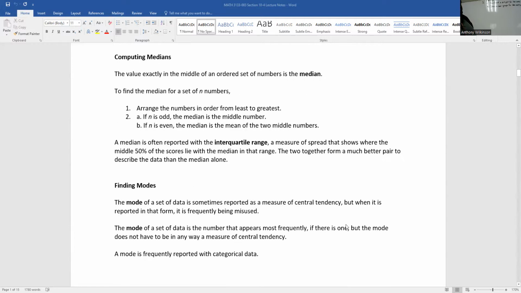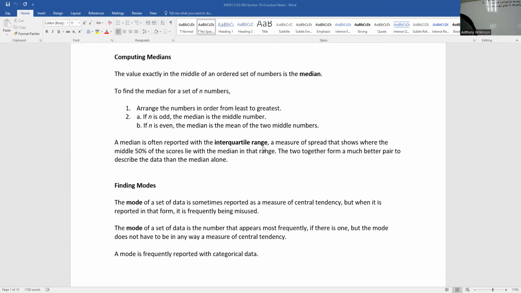Now, the median is often going to be reported with something called the interquartile range. Later on in this section, we're going to talk about what an interquartile range is, and how to compute it. That's just a measure of spread that shows where the middle half, or the middle 50%, of the scores lie around the median.